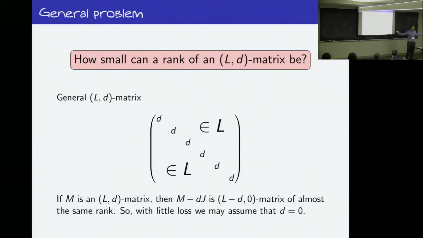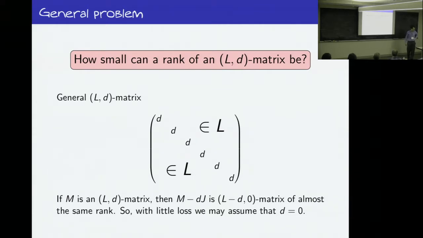Nothing changes really. And that symmetry is useful. It makes things nicer. We lose, of course, that plus or minus 1 because now there is ambiguity. We don't know what exactly the rank of the original thing was. But unfortunately, the results I'm going to show are not precise enough for this plus or minus 1 to make a difference. So again, from now on, I will be speaking about L matrices, which is basically matrices where the diagonal is 0 and off-diagonal entries are in the set L. Okay?